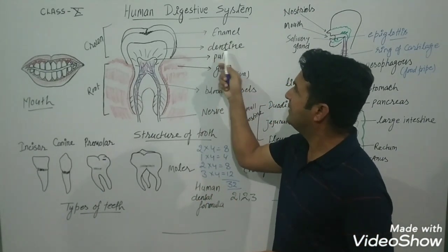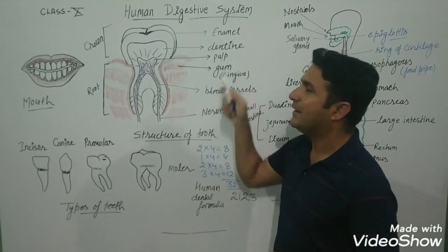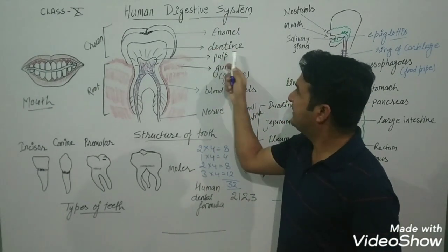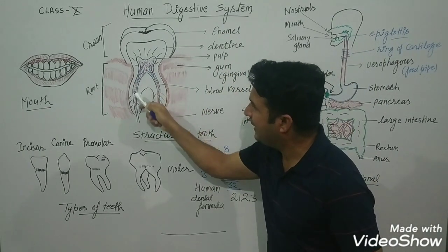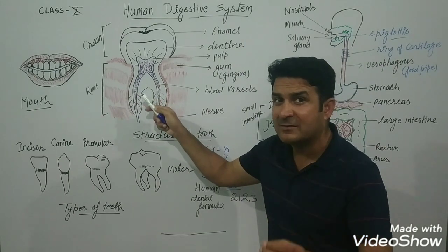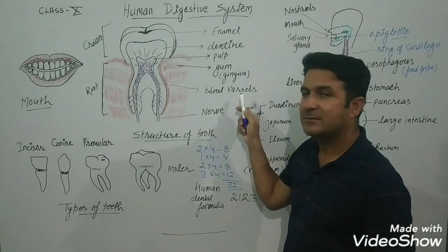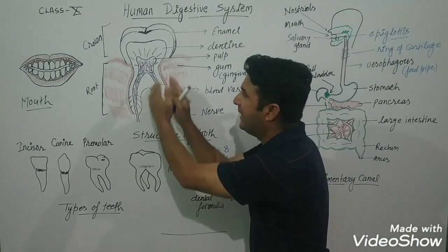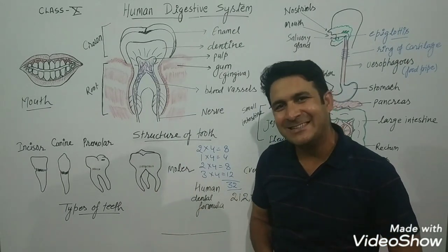After the enamel, inside the enamel covering, there is the real tooth. This is called dentine. Inside the dentine you can see the pulp area, and inside the pulp you can see many blue and red lines, and these are the blood vessels. These blood vessels carry the nutrition and the raw material for the health of teeth.